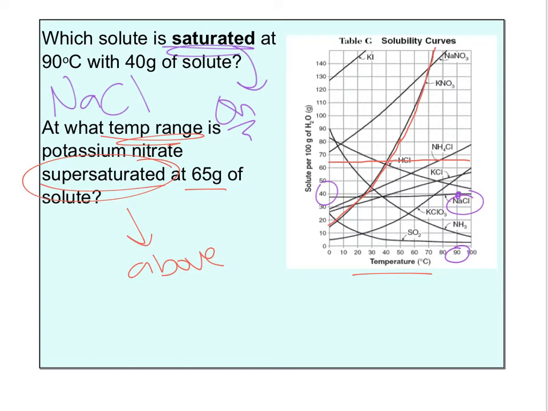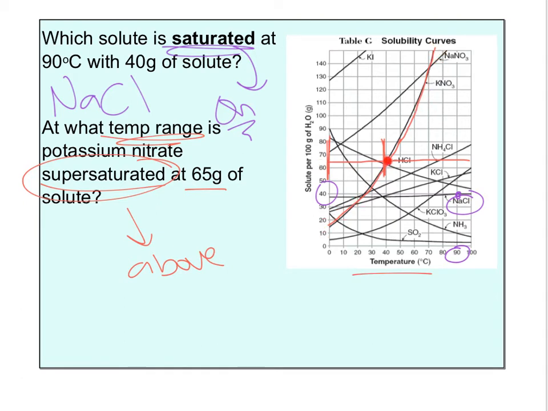So what temperature range is potassium nitrate supersaturated with 65 grams of solute? The 65 grams of solute line looks like it's reaching from about 40 to 0 degrees Celsius. How I figured that out is this is the portion of the 65 grams of solute line that is above this potassium nitrate line.